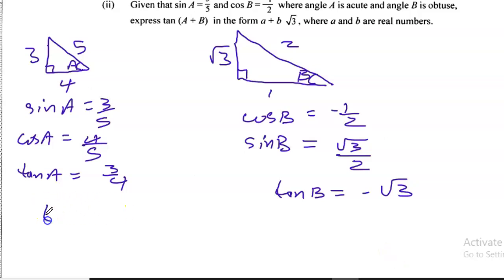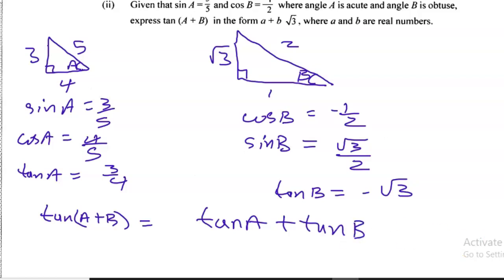So remember that tan(A plus B) is tan A plus tan B upon 1 minus tan A times tan B.